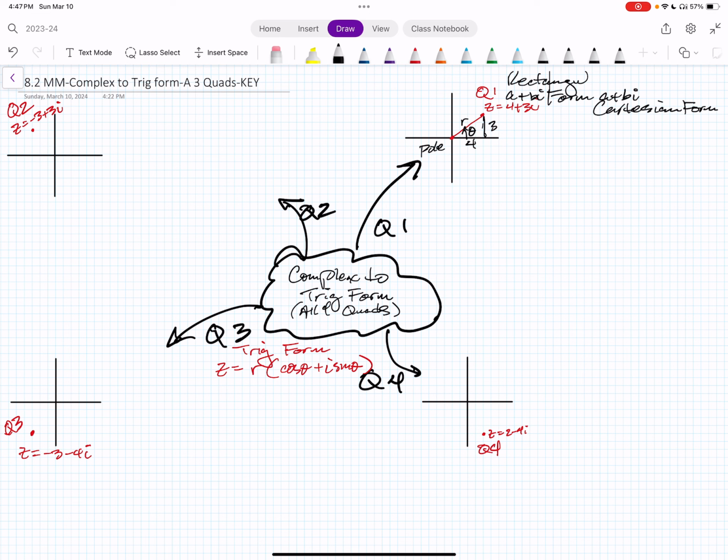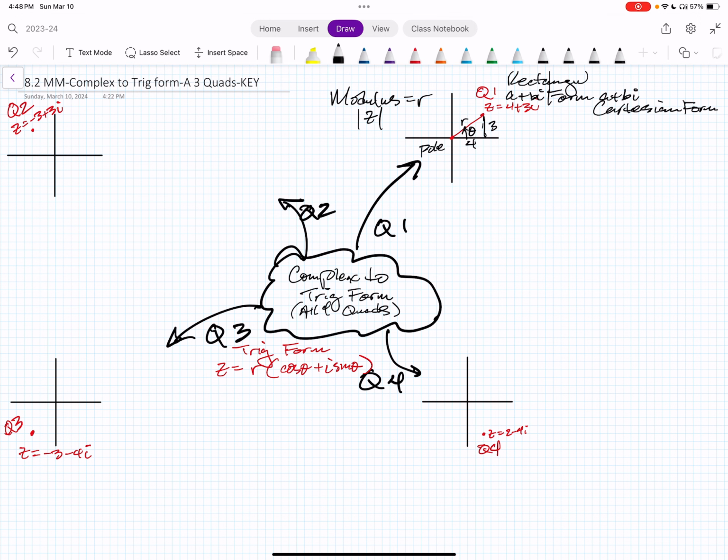The modulus is equal to r, the radius. It's also the absolute value of z, where z is your complex number. So r, the modulus, and the absolute value of z are all the same thing. It's just the distance from point to pole, as I talked about in my lessons.